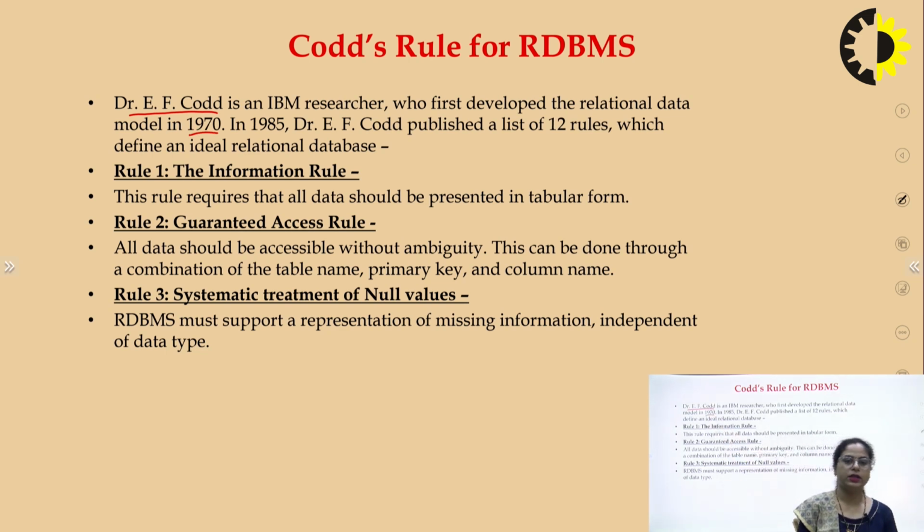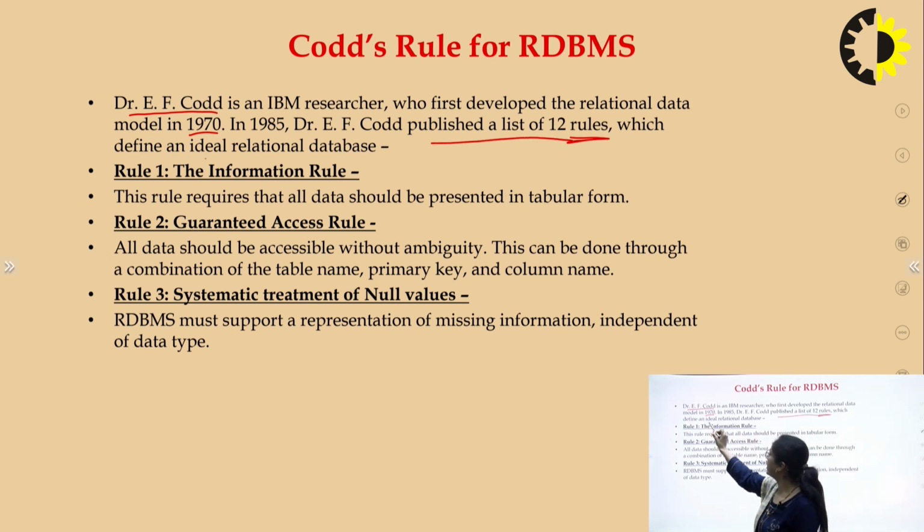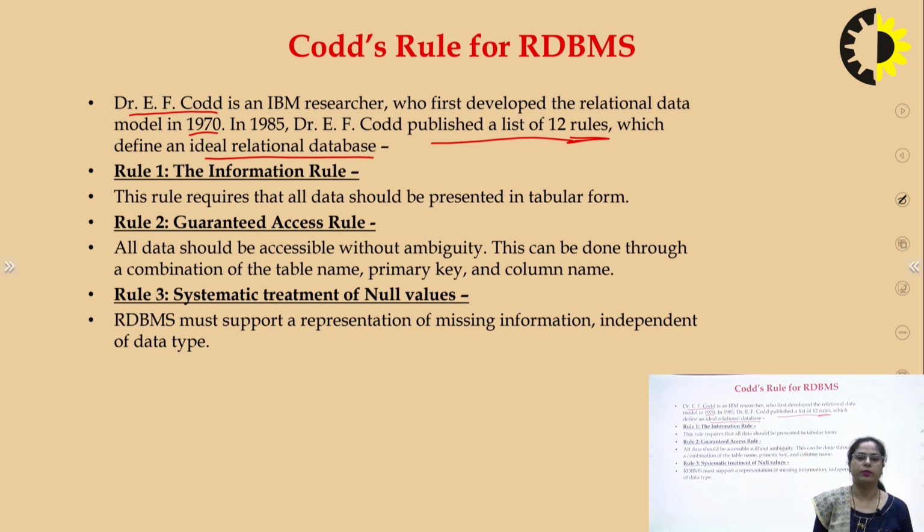After that, Dr. E.F. Codd published a list of 12 rules which define an ideal relational database. He published the 12 rules in 1970, and we follow all these rules even now.